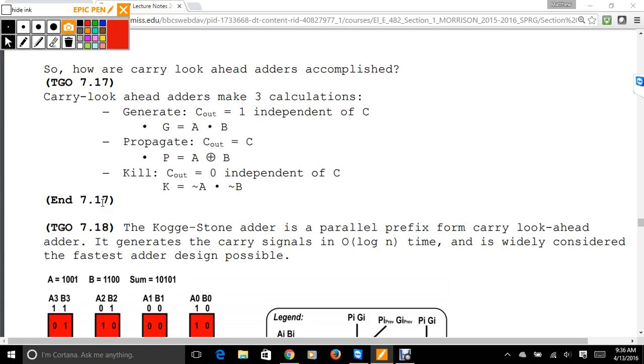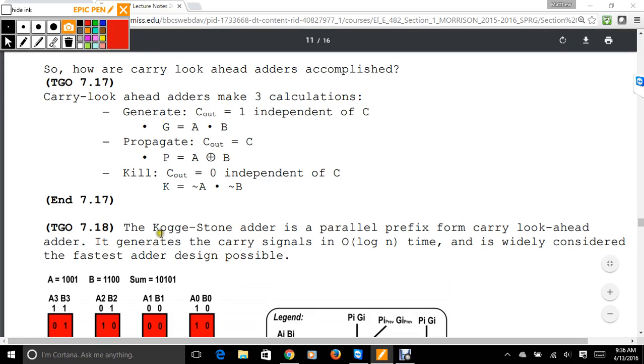And so this was used to develop something called a Kogge-Stone adder. So when you do your lab, you're going to see that my history is going to be on this guy named Peter Kogge.